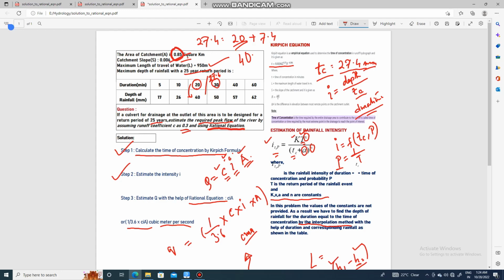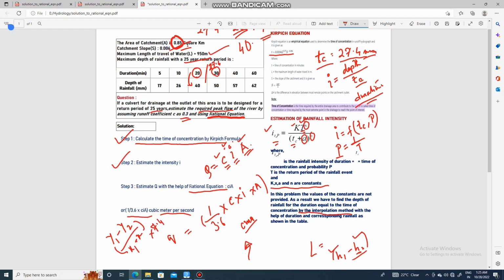But there is still 7.4 left. So with the help of the interpolation method, what we do is deduct y2 from y1, divide by the difference in x, and this slope can be multiplied by the remaining amount of duration, 7.4.